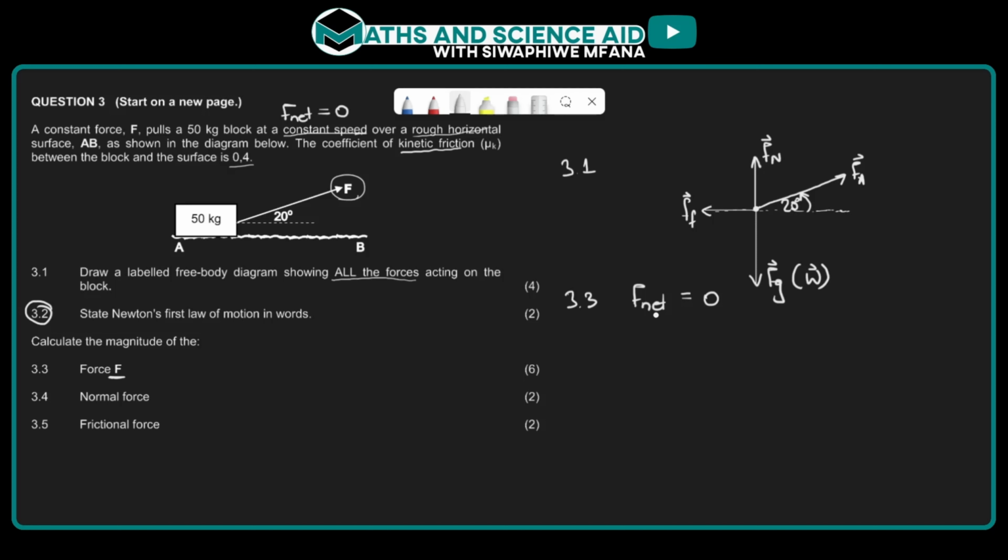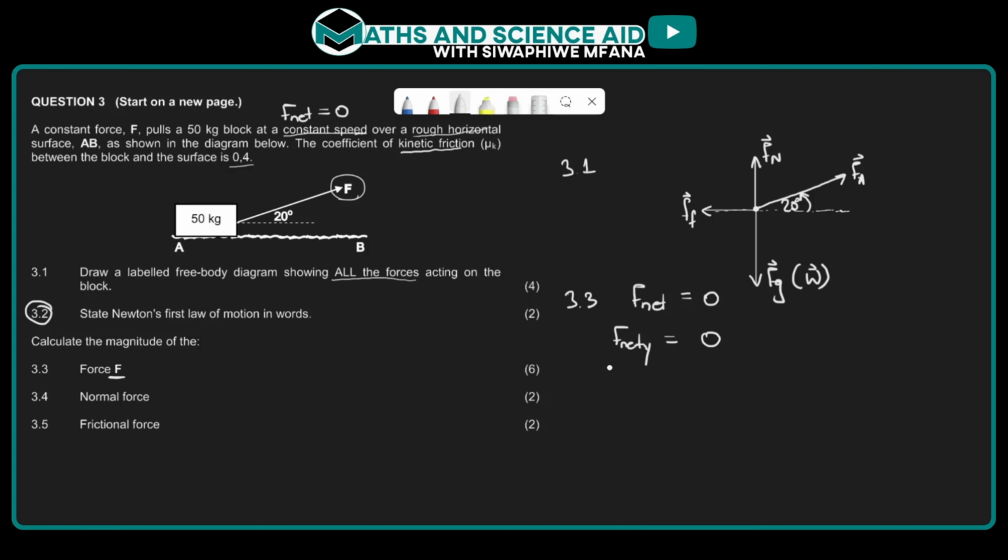And since our object is moving at a constant speed along this horizontal surface, it is not accelerating at all in the y direction or the vertical direction. So it means that the net force along the y direction is equal to 0. And in the y direction, we know that this net force is given by the gravitational force, so it's given by Fg plus Fn.